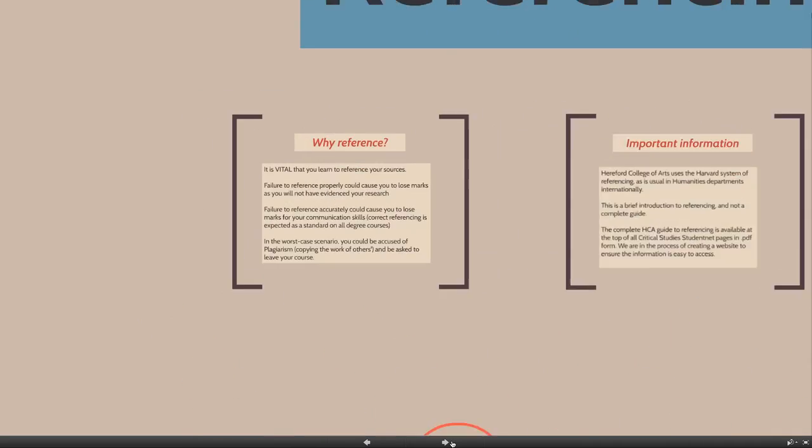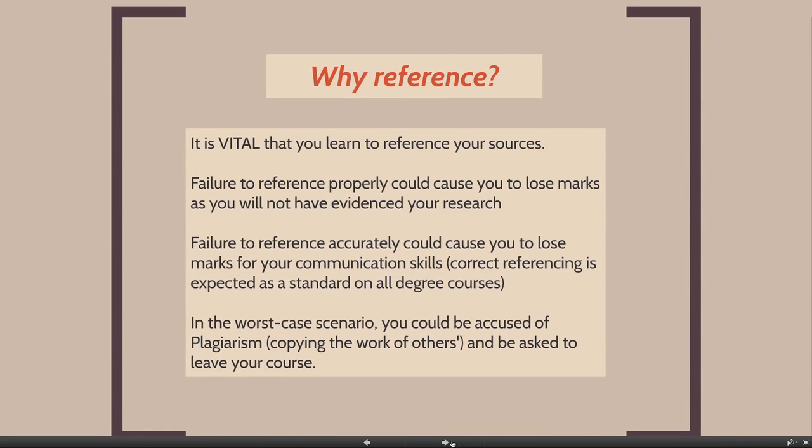So first of all, we're going to look at why we reference, because it is vital you learn to reference your sources. If you don't reference properly, you might lose marks, because you won't have evidenced your research. So how can you get any marks for your research? If you don't reference accurately, you'll lose marks for your communication skills, because correct referencing is expected as a standard on all degree courses.